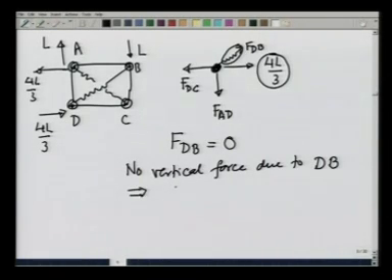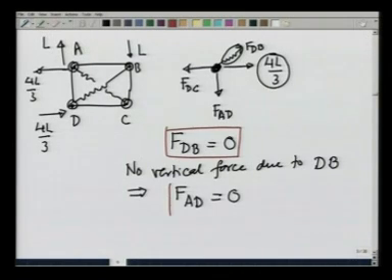This also implies that FAD is equal to 0. So, we have found two forces, FDB, which is 0, and FAD, which is 0. Let us now consider the forces in the horizontal direction.